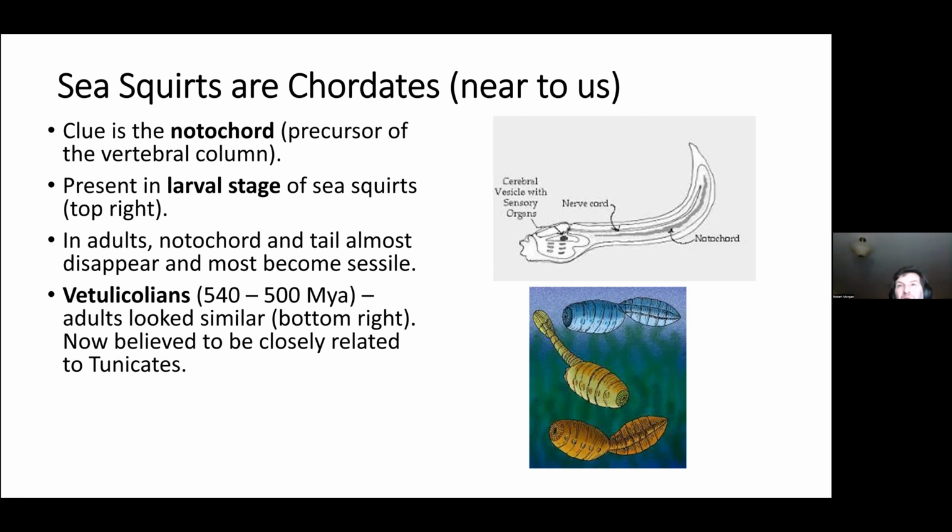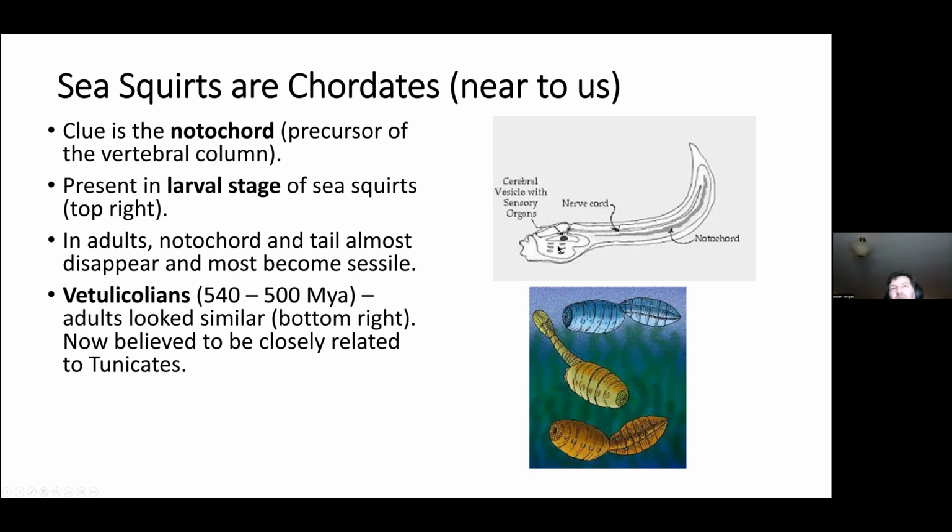But what most sea squirts do when they become adult is they change completely. Most of the body and the tail, and indeed the notochord, shrink hugely. They settle down onto a rock, and the mouth cavity expands hugely.